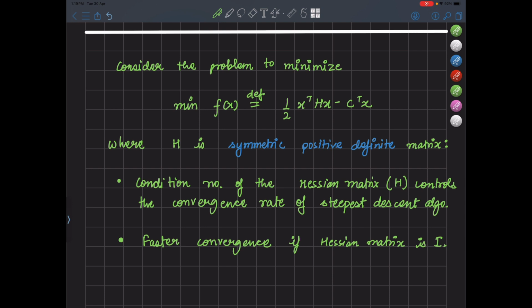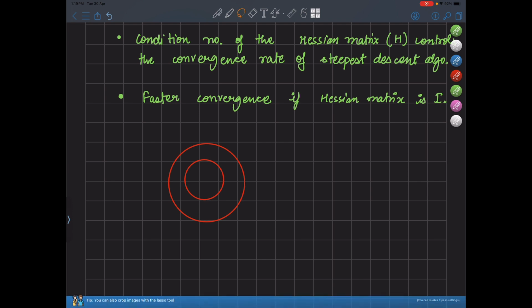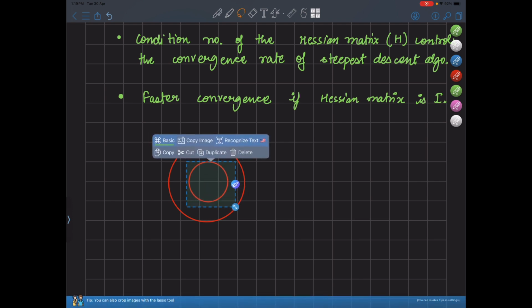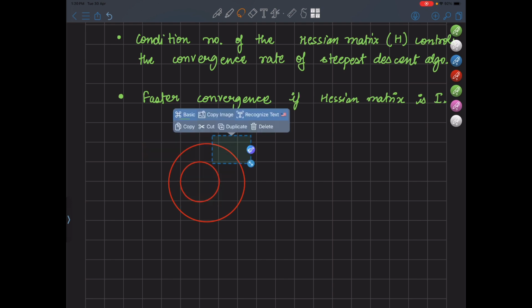Now one idea comes to our mind when we see that the steepest descent algorithm converges in one step for circular contours and takes a lot of steps for elliptical contours. For circular contours it converges in almost one step if you use exact line search, and for elliptical contours it takes a lot of steps.